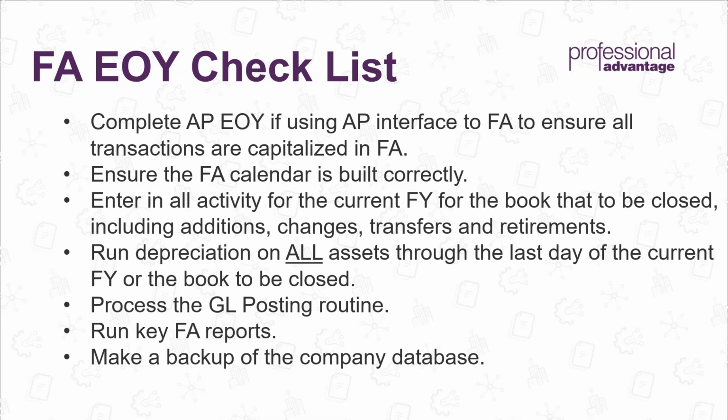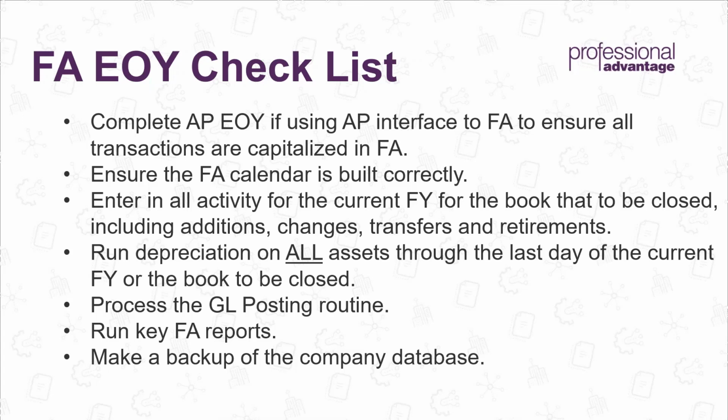Unless you change your GL financial calendar, the fixed asset calendar needs to be rebuilt, but that has more implications than simply rebuilding the calendar. When you need to do that, I strongly recommend you contact PA for assistance, because that's not a simple process. But let's come back to the fixed asset year-end checklist.